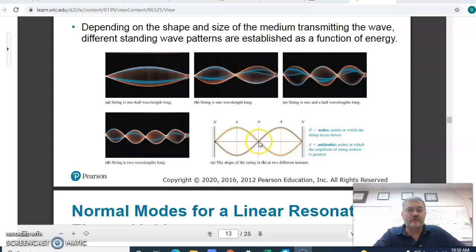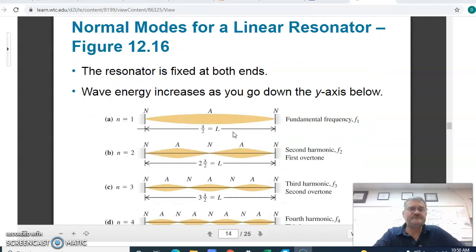These points are called nodes, and the peak, the crest and trough, are called the antinodes, and they're the maximum. If you grab this string at the node, it will still continue to propagate. If you try to grab it at the antinode, you'll destroy the wave.